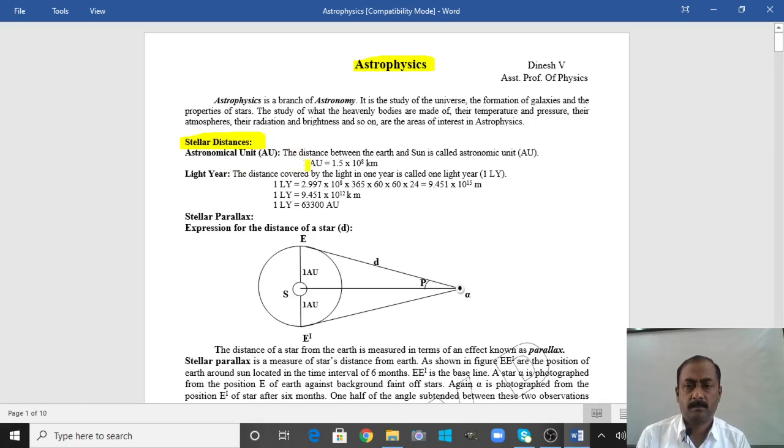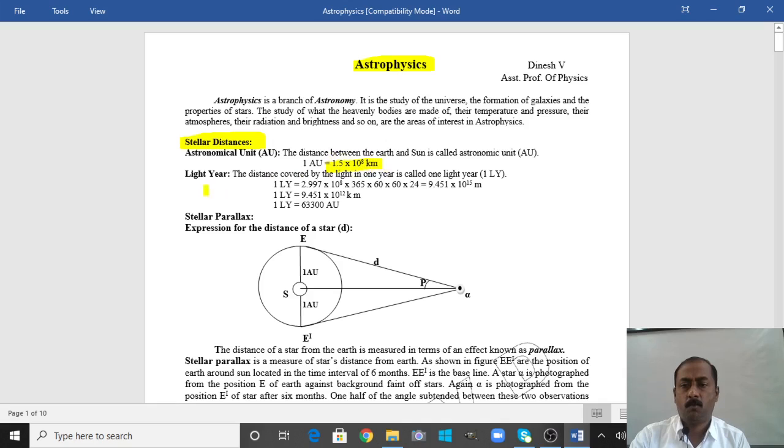The astronomical unit means the distance between the earth and sun is called astronomical unit. Here, one astronomical unit is equal to 1.5 into 10 to the power of 8 kilometer. This is astronomical unit.